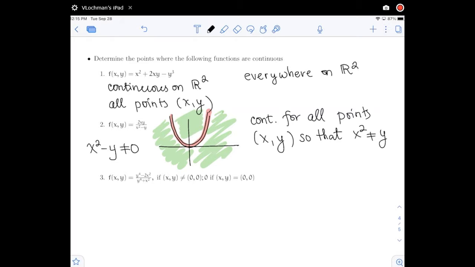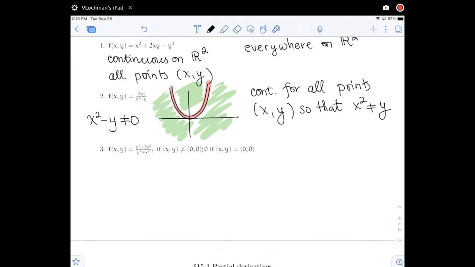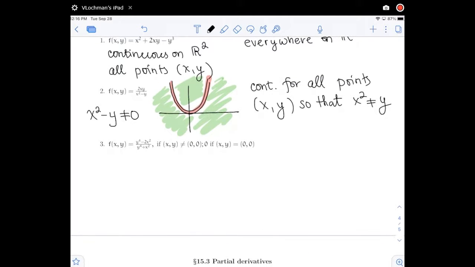Now let's take a look at the next problem. That one is a little bit more complicated, a little bit more involved. This is the continuity of a function that's piecewise defined.